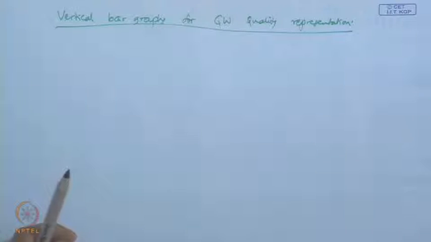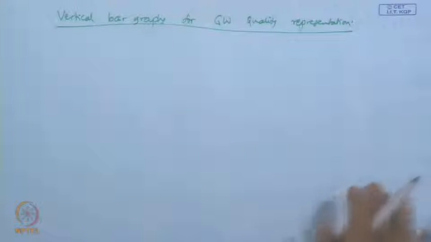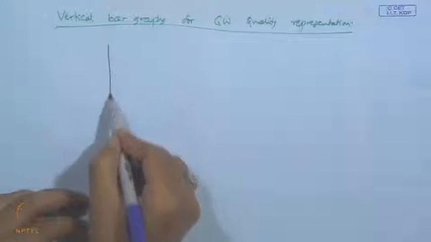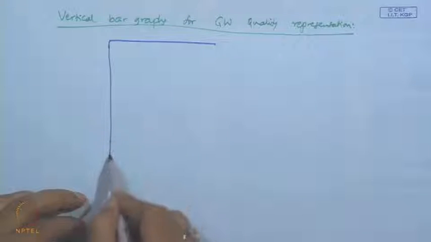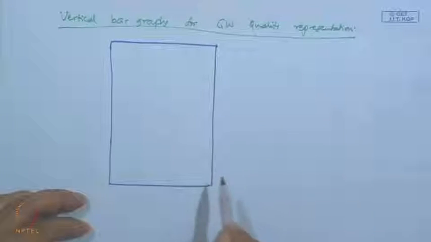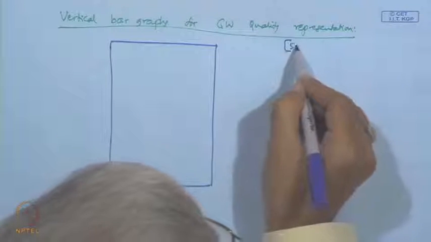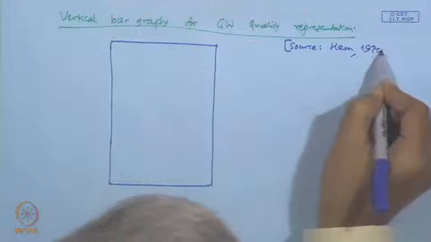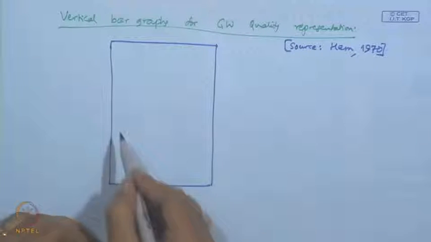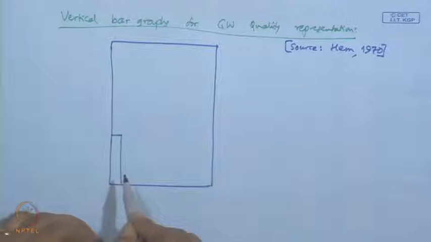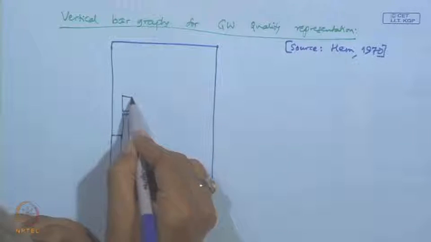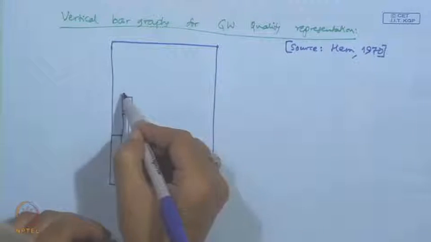These vertical bar graphs are taken from Hem in 1970, and there will be a reference number.